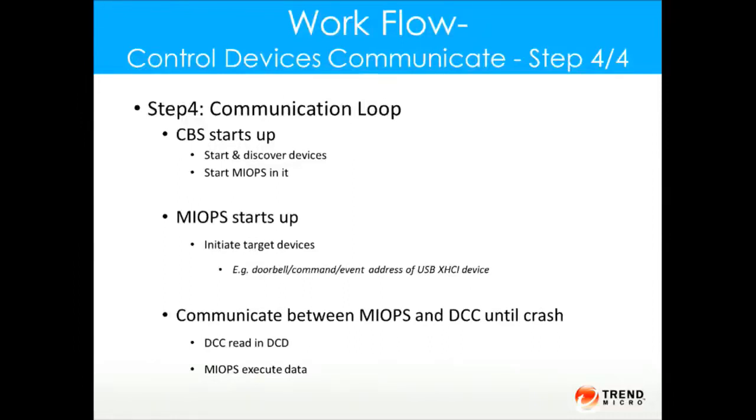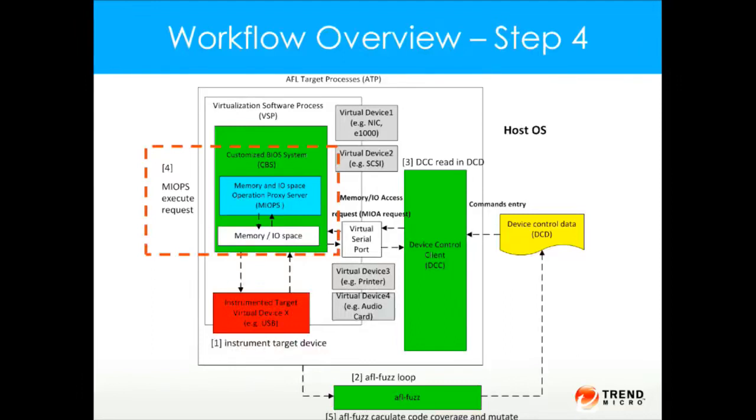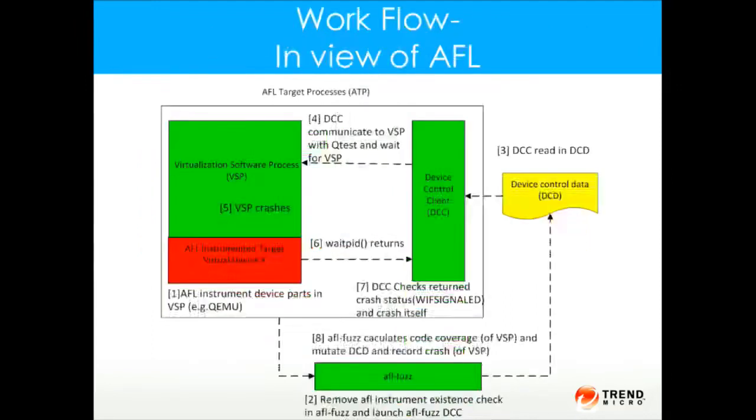And finally, the DCC module outside of the VM will read in the DCD data and communicate via the virtual port to the proxy server inside the CBS. So the proxy server will receive the request and execute the request inside the CBS until the whole virtualization software crash. Okay, this is step 4 in the whole graph.